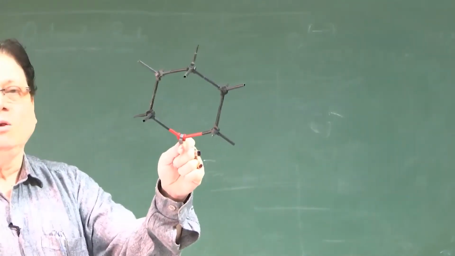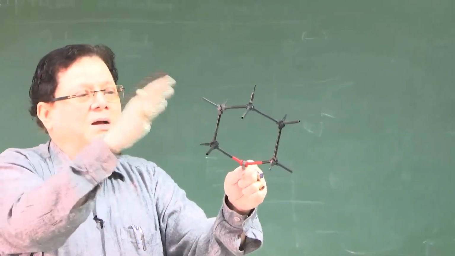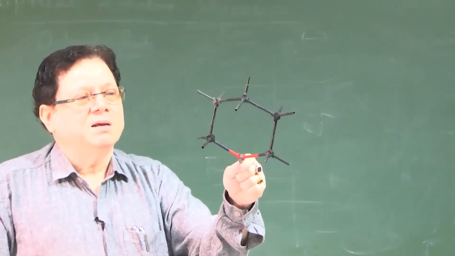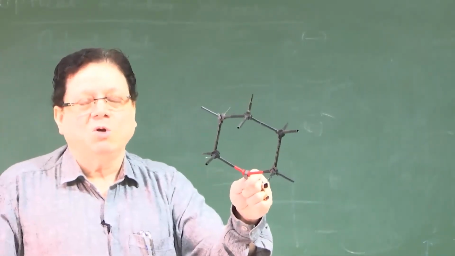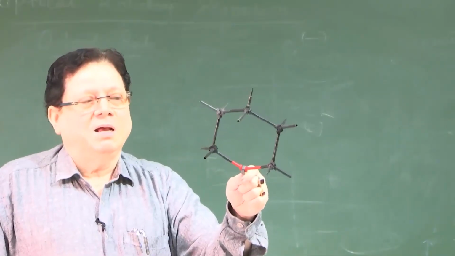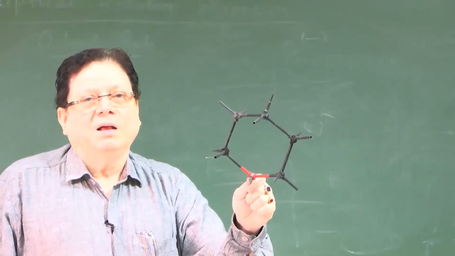Now, if you have only cyclohexanone, things are easy, but if you have more cycles, like a decalone system, a perhydrophenanthrene system, or a steroid system, drawing this projection is a little tricky.